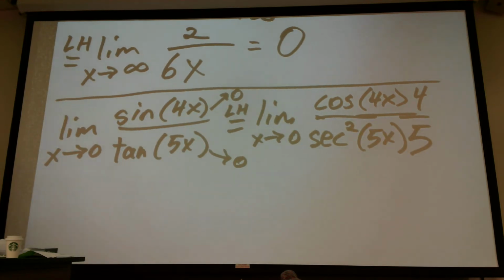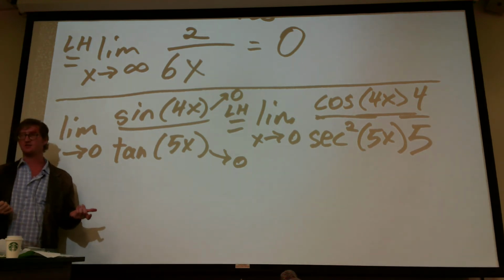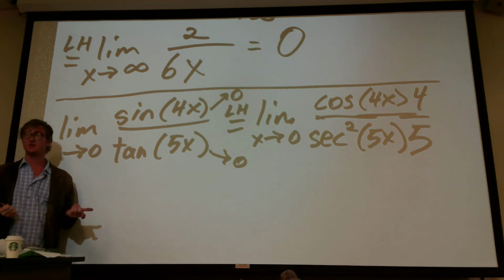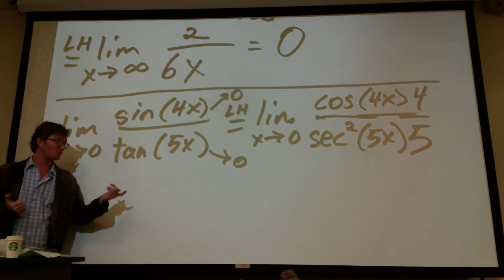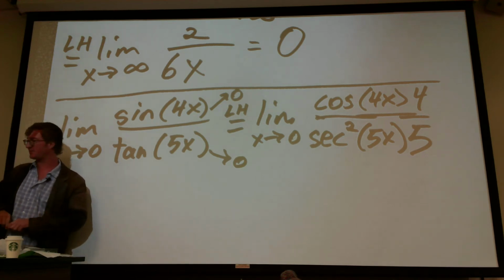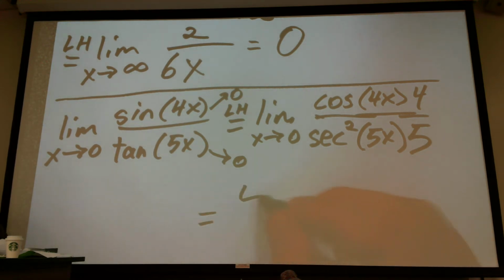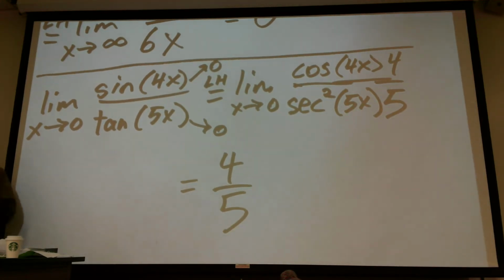And then we can think about this problem. Cosine of 0 is 1, and secant is really just 1 divided by cosine. So secant of 0 is also going to be 1. So this is 1 times 4 divided by 1 squared times 5. So this thing just comes out to 4 divided by 5.